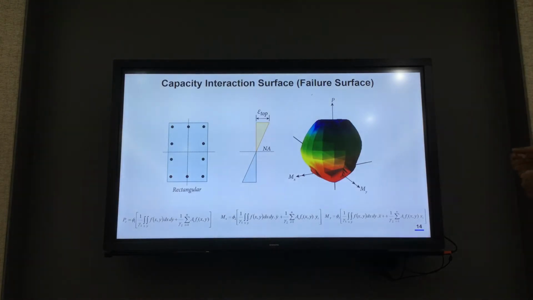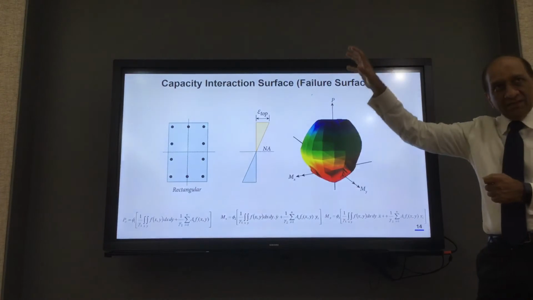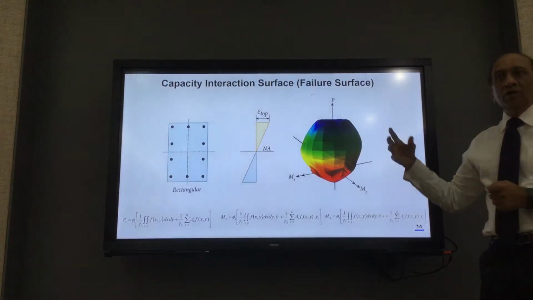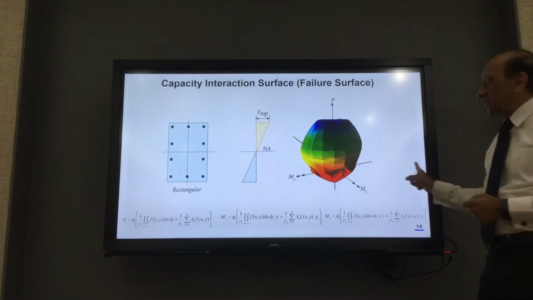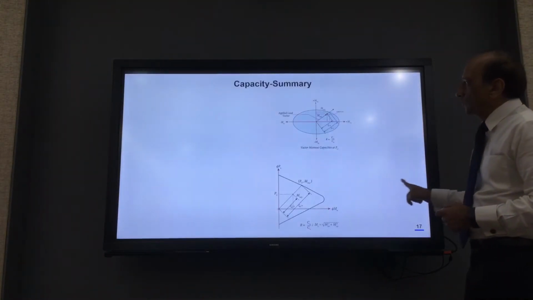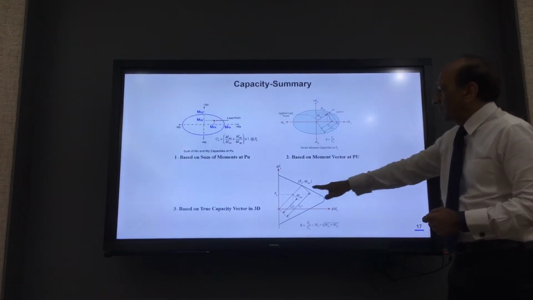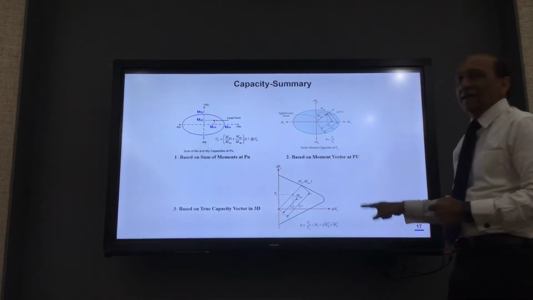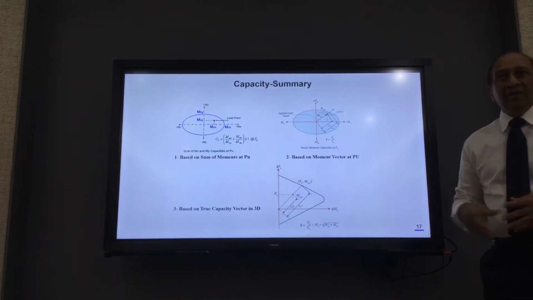So that is the reason that this is not useful. This is useful for the first case where you design something, not useful to do the performance evaluation. This is a capacity surface. So all these are not useful. This is good for design, but has no meaning because these factors have already been multiplied. The forces have been multiplied by arbitrary factors, and they are not real.